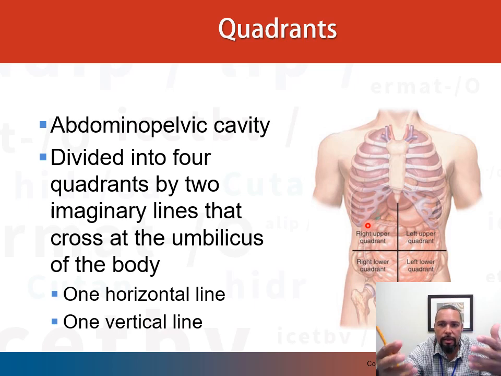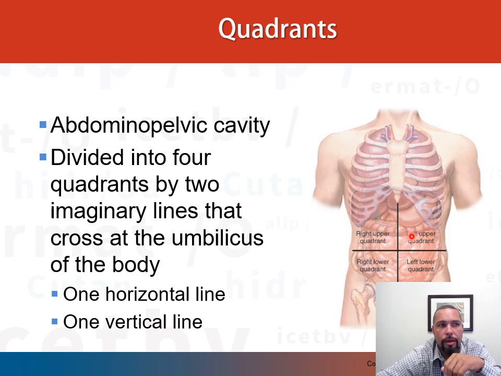As I'm looking at this, even though this is the patient's right side, I am looking at it on my left side. So let's not get confused. I'm not going to call this the left upper quadrant because it's my left side. I'm going to refer to this as the right upper quadrant because that is the patient's right side.